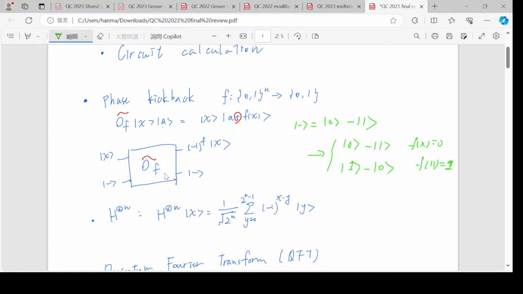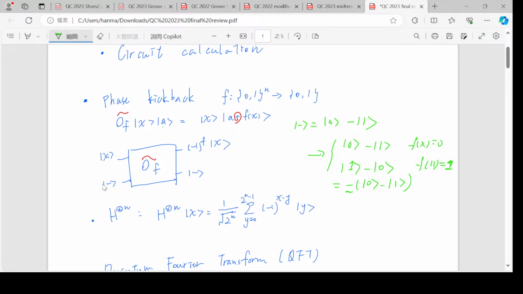So this is minus the 0 minus 1 state. It is still proportional to the minus state. We can think of the minus state as staying the same, but you get a phase here, a minus sign whenever f of x equals 1.